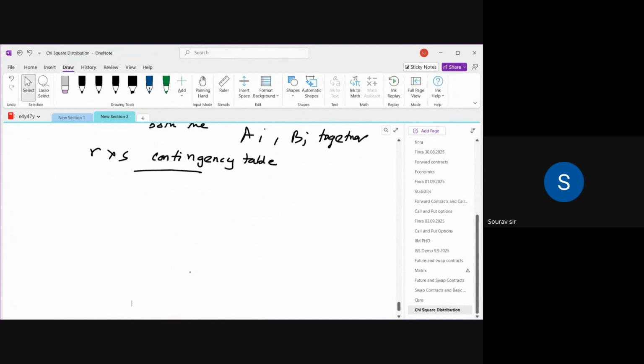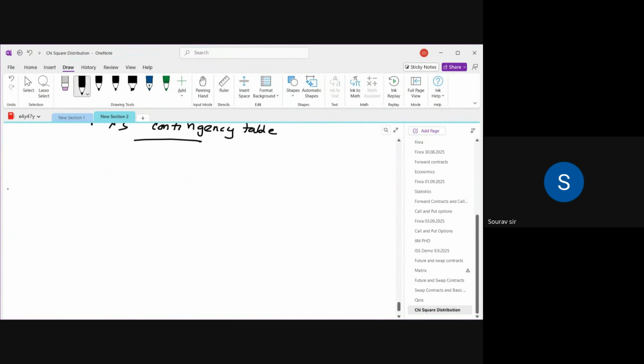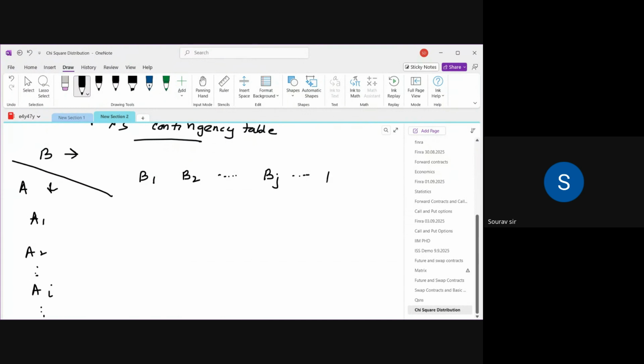Let's draw it. In a big table, A will be horizontal and B will be the rows. Okay. And it is like this: A1, A2, dot, dot, dot, Ai. And here it will be B1, B2, again Bj, Bs, and finally you have the total.